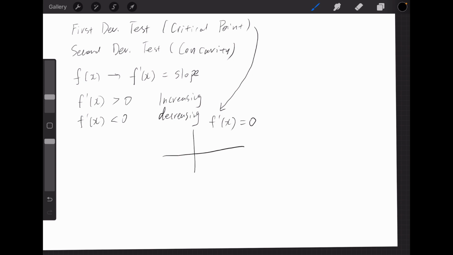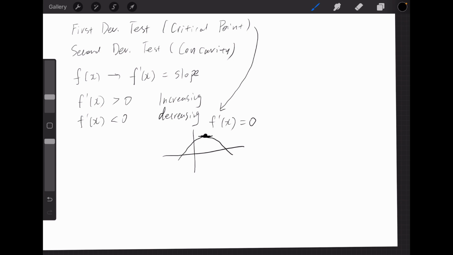So for example, if I have a graph that looks like this, this would be the critical point, because here the slope of the function is 0. And one property of the critical point is that it's very likely to be the maximum or minimum.